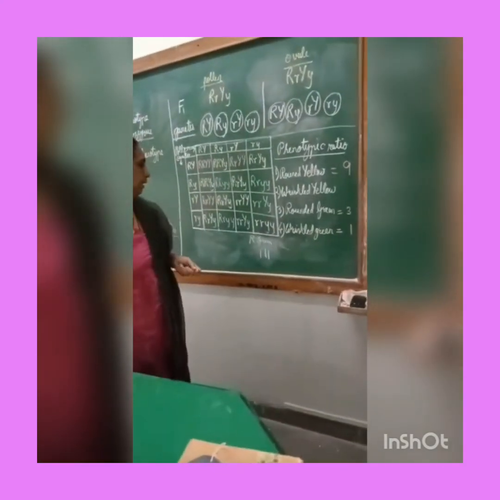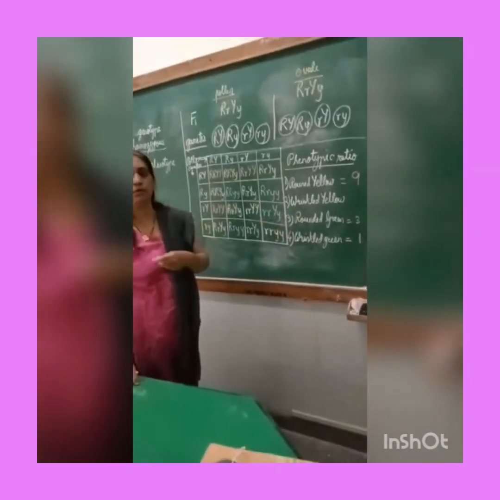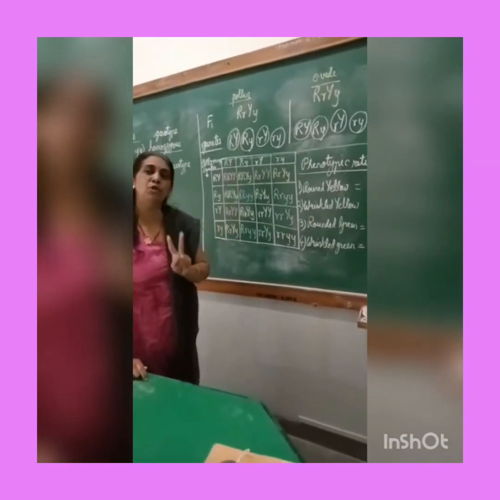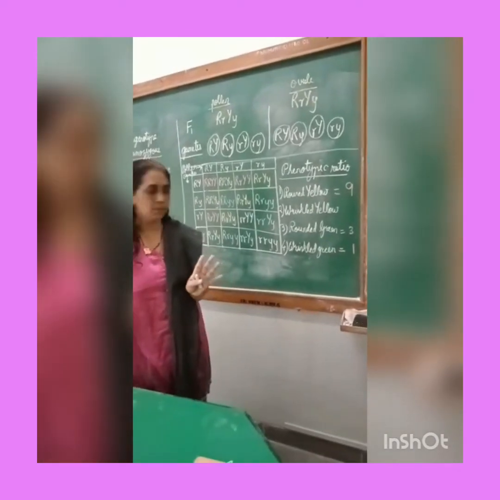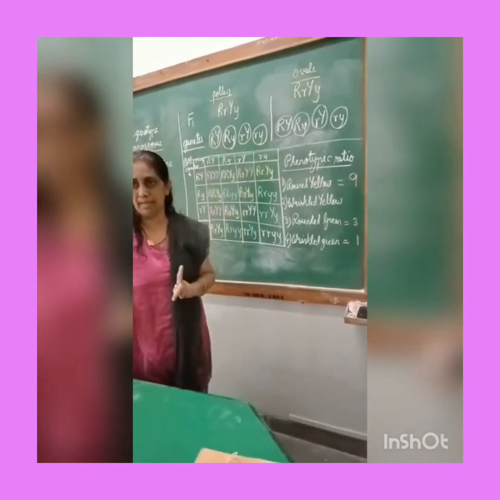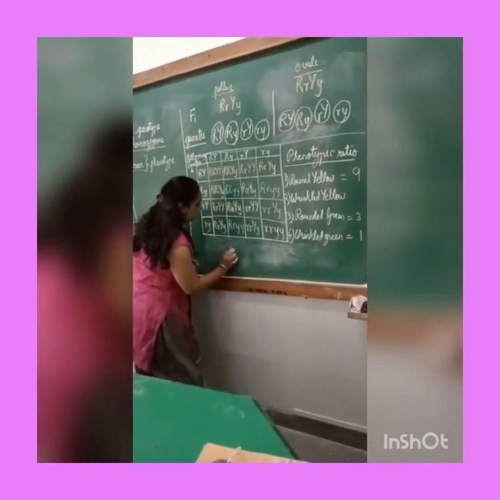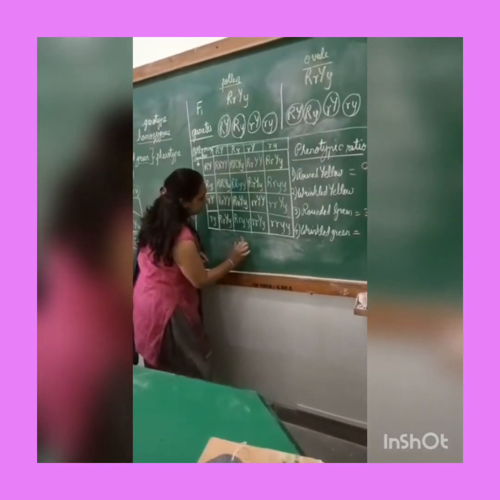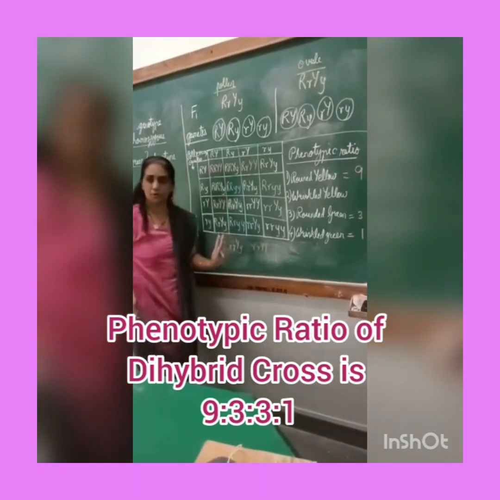Then the last combination, wrinkled and yellow. Wrinkled means you should have both small r. Then only it will be wrinkled. Otherwise it will not be wrinkled. For yellow you need at least one capital Y. So two small r and at least one capital Y, or it can be R, R, Y, Y. That is also okay.